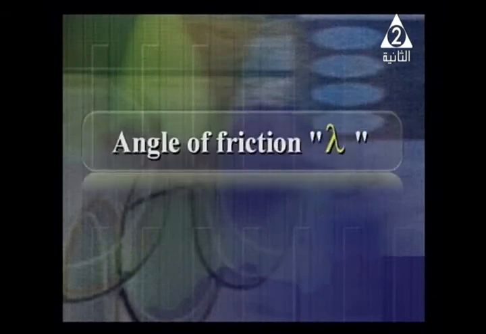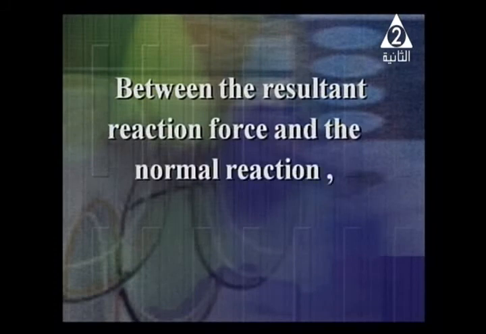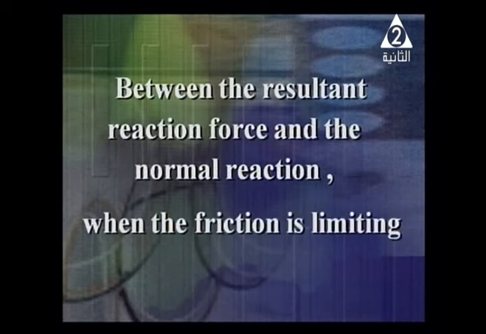What is the meaning of the angle of friction, lambda? Remember, the angle of friction is the angle between the resultant reaction force R dash and the normal reaction force R or N, where the friction is limiting.